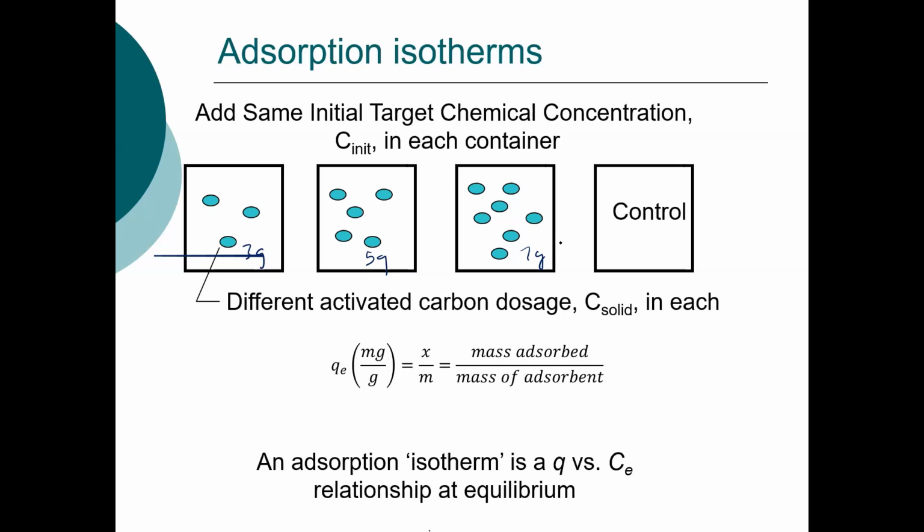And the mass adsorbed is the initial concentration minus the concentration at equilibrium. Each of these here, this is at equilibrium. If you remember, the sorption process itself is very rapid, but it's limited by what? What limits sorption? The diffusion of that chemical from the bulk phase into the micropores, into the actual sites.